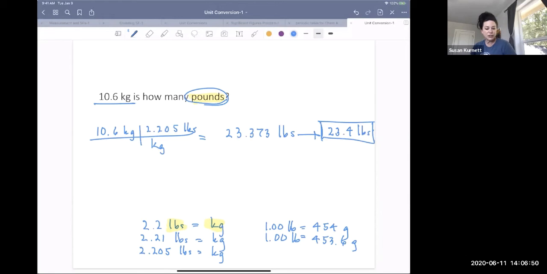Now let's say I had chosen to use this conversion. So I'm starting with 3 sig figs.